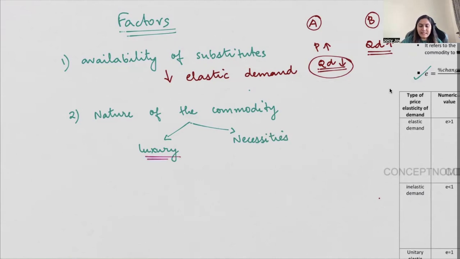Now, let's take a luxury commodity, which means that is not very much essential or very much needed. So when the price of a luxury commodity increases, what will happen? Its demand will automatically fall down. Why? Because that's not a necessity.